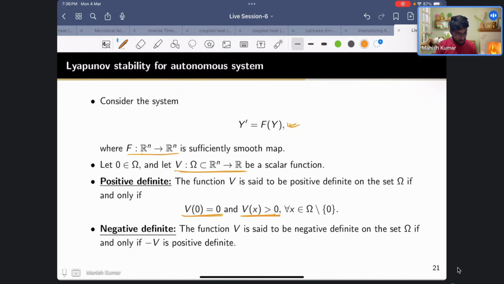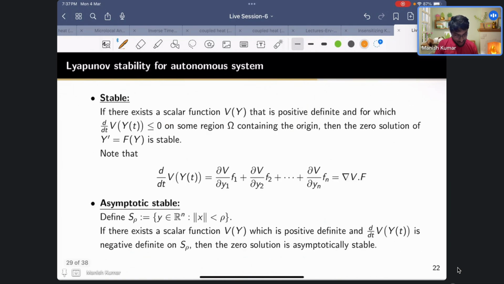This 0 and this 0 are different: this is a vector and this is a real number, so this belongs to R. So V at 0 should be 0 and it should be strictly positive at other points. This is the definition of positive definite functions. And negative definite means minus V should be positive definite. So V at 0 should be 0 and V should be negative at other points. That's it. These are a few definitions.